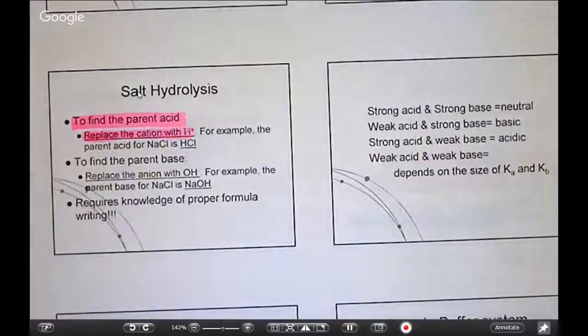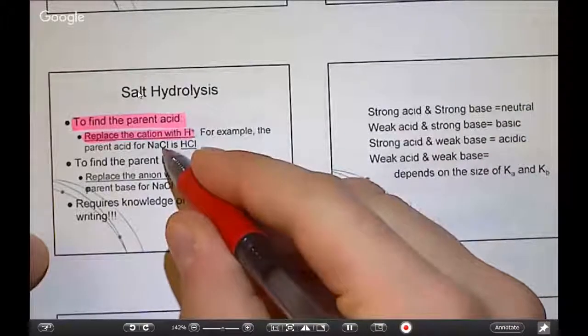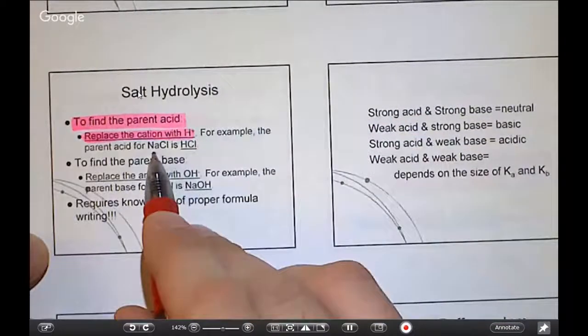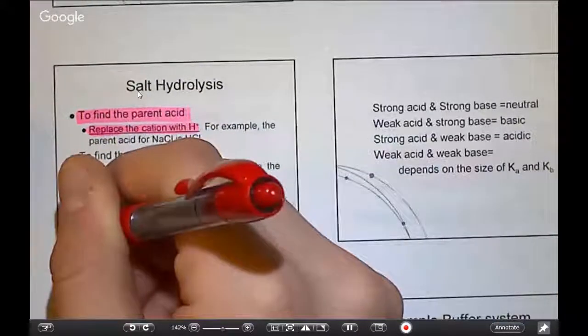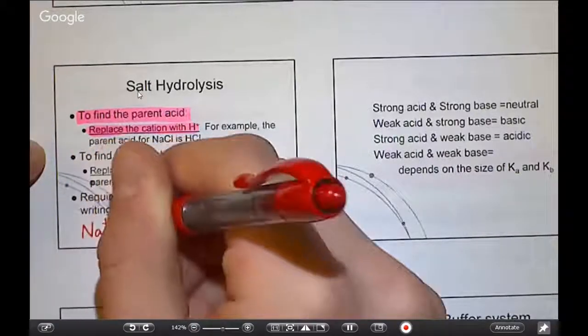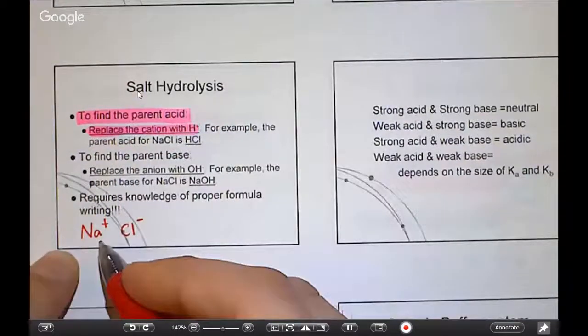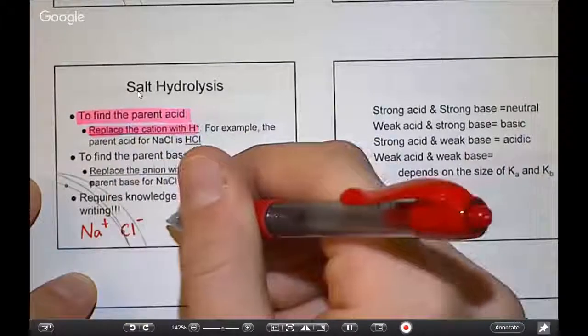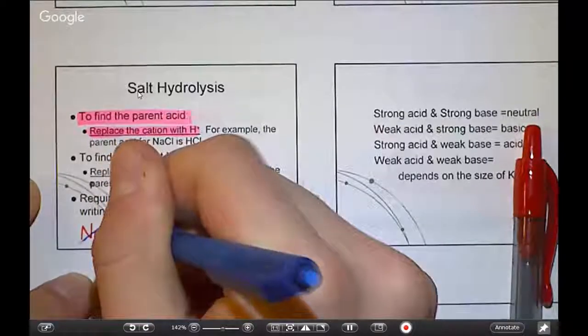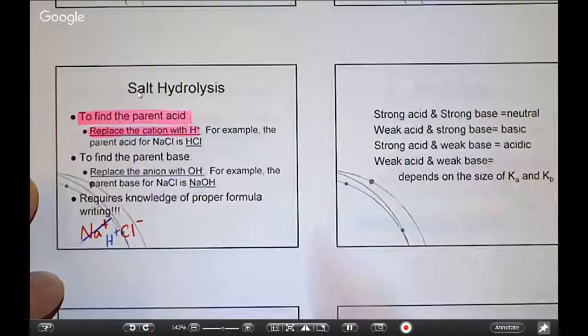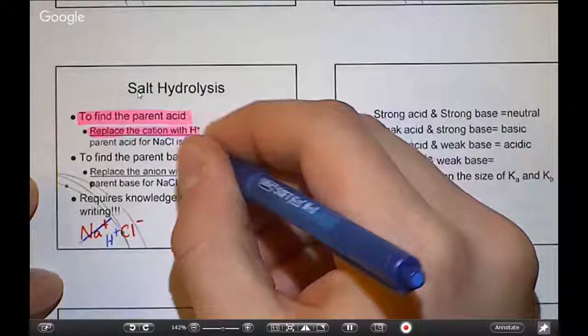And it's not just one H+, but it's enough to balance the charges. So in the example, if we take sodium chloride as the salt, we are replacing the sodium with an H, or with a proton. Okay, so where we would have had Na+ with Cl-, now instead of Na+, we put in H+. And so H+ and Cl- together make HCl.